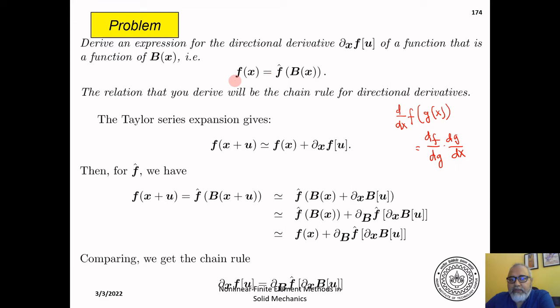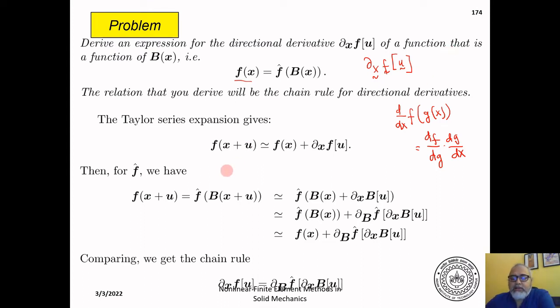So f of x is an implicit function of x where it is equal to some f star of b of x. So implicitly it's a function of x, but directly it's a function of b, which is in turn a function of x. So what will be the directional derivative of f in an arbitrary direction u? f can be a vector, tensor, or scalar function, and so can be u.